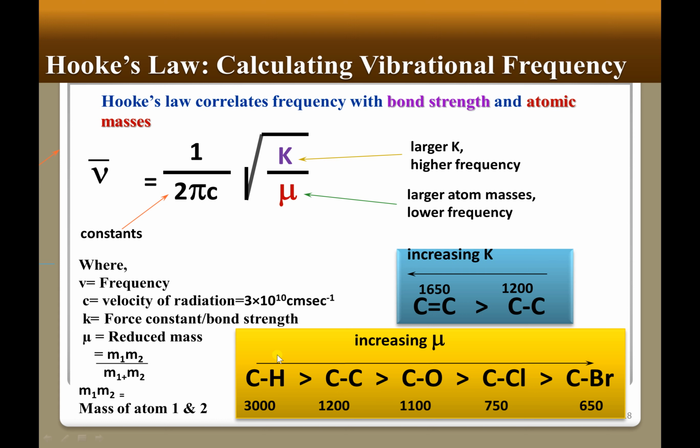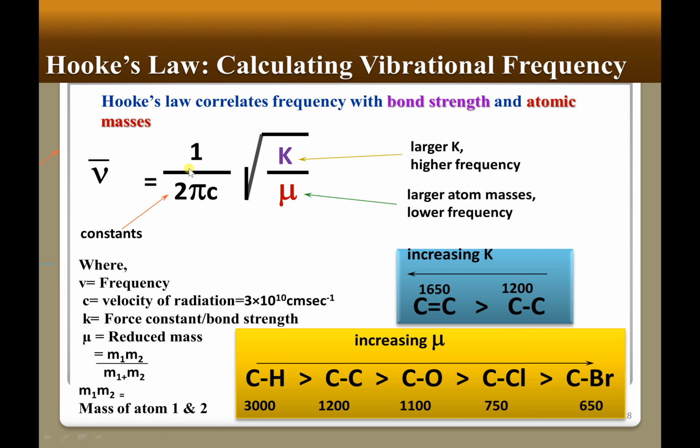So for calculating their vibrating frequency, that is, how many times they vibrate in a given unit time, we use Hooke's law, which is used for the vibration or elasticity of a spring, and which correlates the frequency of vibration with bond strength and atomic masses, and is given by the Hooke's law equation.